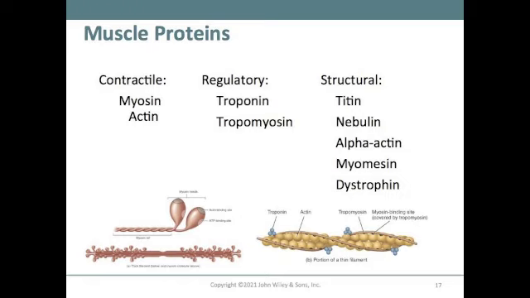So we have these muscle proteins, and they have certain jobs within your body. Contractile: myosin and actin help you to contract and extend your muscle. The troponin and the tropomyosin help you to regulate the physiology of the muscle, and these other ones are the structural ones that help to maintain the structure of the muscle.